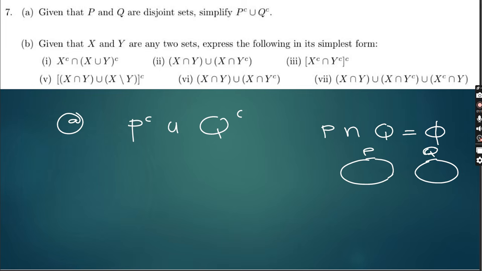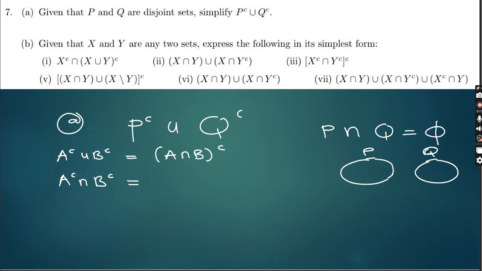Now when you look at this, it is actually De Morgan's law. De Morgan's law simplifies two complements which are uniting. If we have A complement union B complement, take note of this, it is the same as A intersection B complement. The same applies when we have A complement intersection B complement.